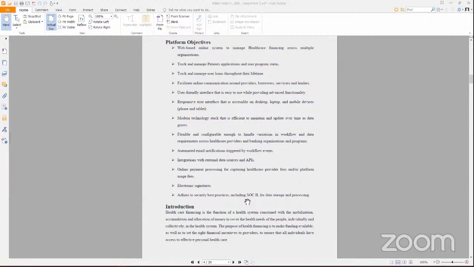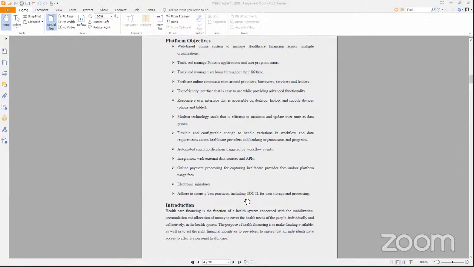It's going to track patients' applications and provide online integration among providers, borrowers, services, and lenders. The platform will have a user-friendly interface with advanced functionality, whilst adhering to system integrations with external data sources and APIs. And again, best security practices will also be adhered to.